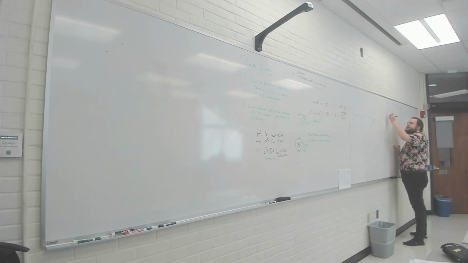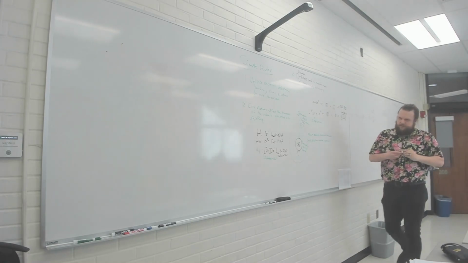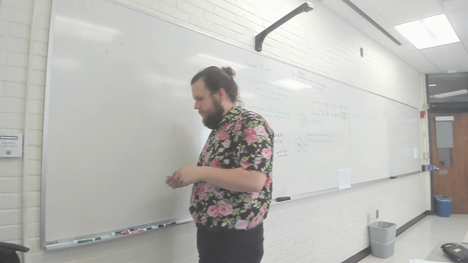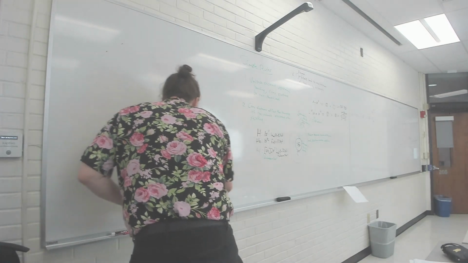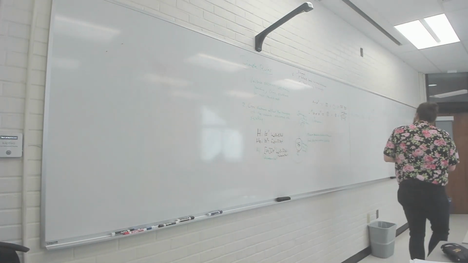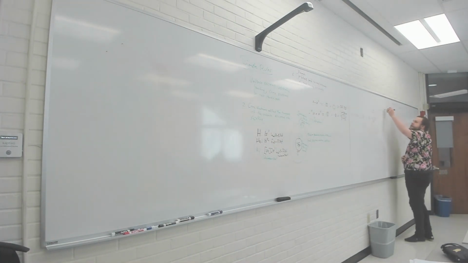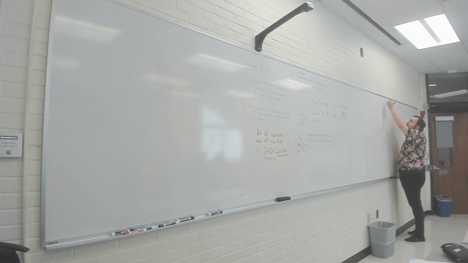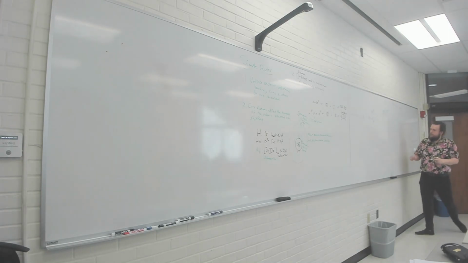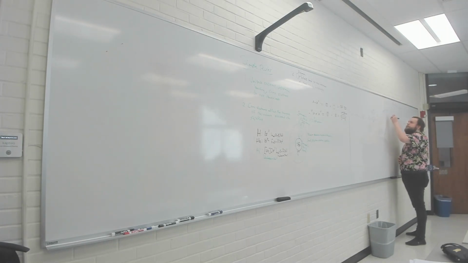We have to set what our axis system is, to define what z, x, and y are. So let's define our coordinate system like this. X is out of the board. And again, we have three p orbitals.